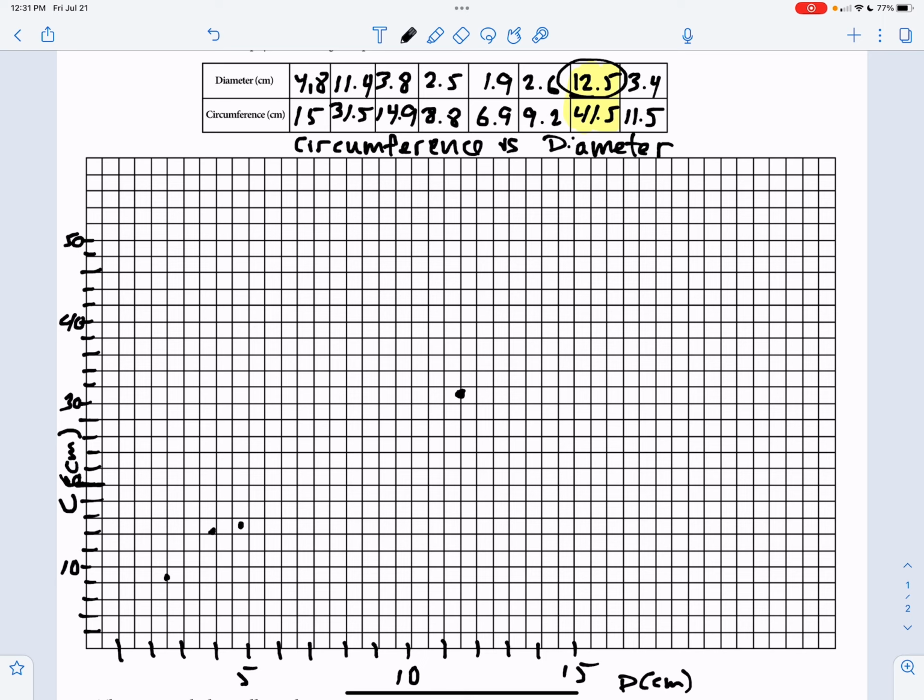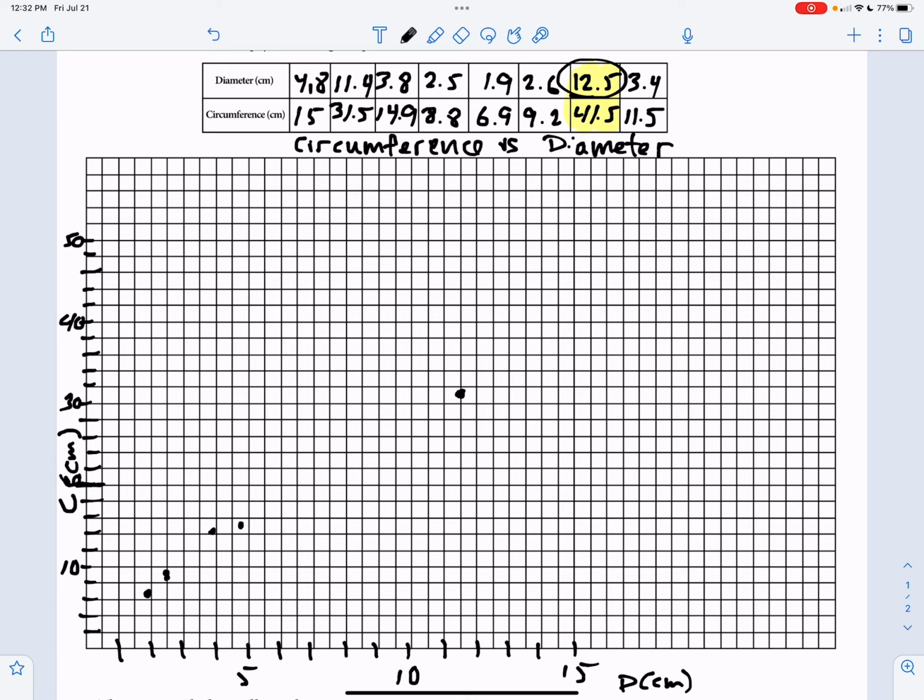Okay, then I'm going almost 2 over, 1.9 over, and almost 7 up. Okay, then I'm going 2.5, 2.6 is pretty close to 2.5 over, a little over 9 up. That puts it right there. Pretty much right on top of that other data point. And then I'm going 12.5 over and 41.5 up.